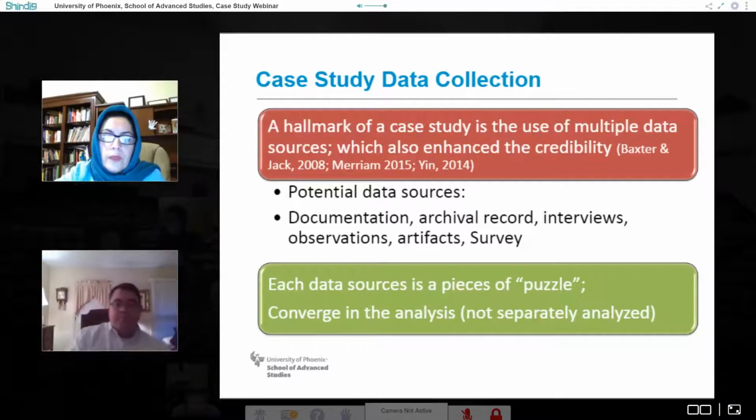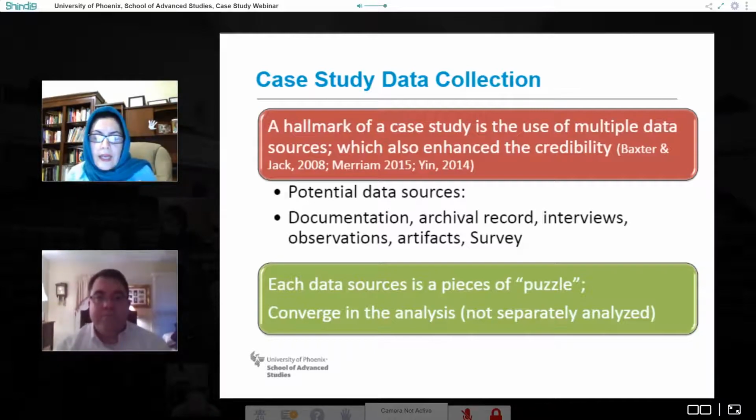Each of these data sources is like a piece of a puzzle that you put together. Like I mentioned earlier, it's not that we separately analyze the survey, then separately analyze the interview. No, we analyze them together and compare and contrast what we have. So basically, we triangulate, making sure that whatever we find is really valid. We use it toward validation of our findings.